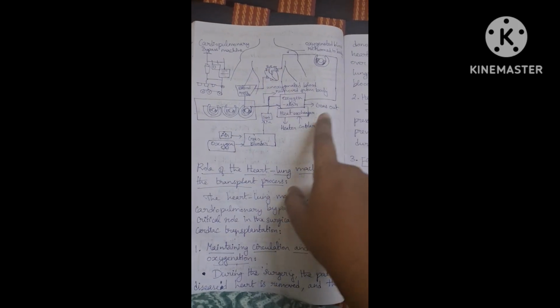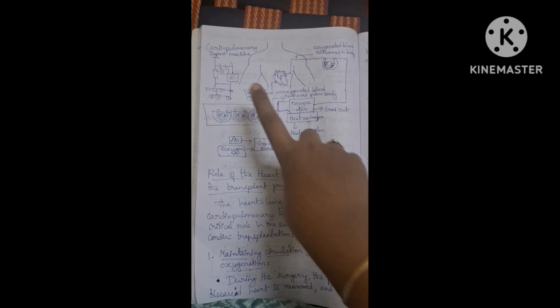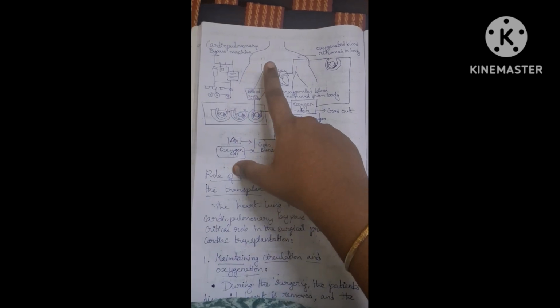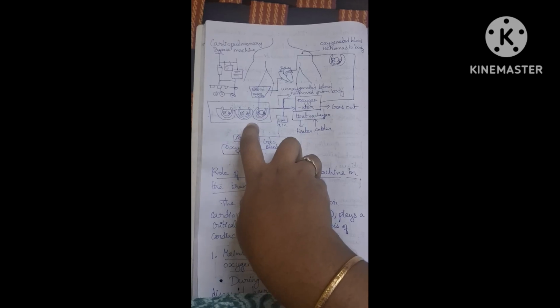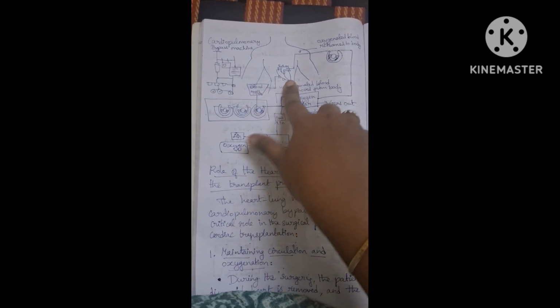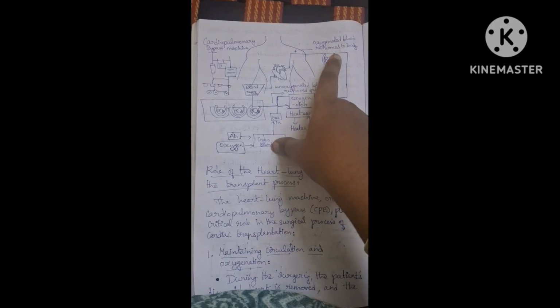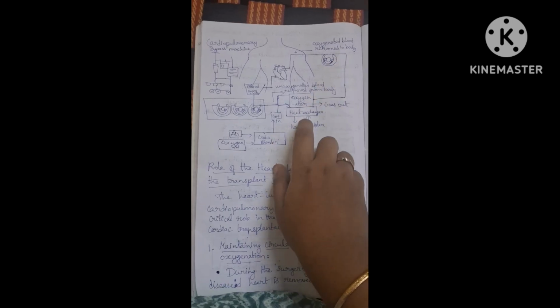This is the practical diagram for the heart-lung machine. This is a cardiopulmonary bypass machine, blood reservoir. From blood reservoir to the heart, from the heart to the oxygenator, blood returns to the body. This will oxygenate the blood.